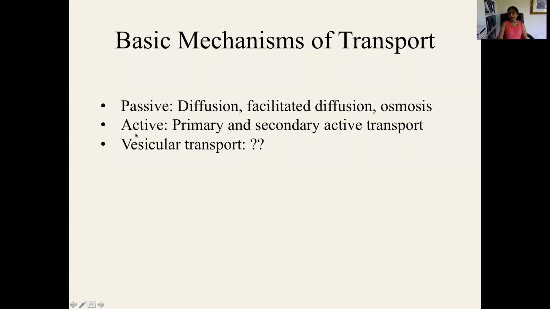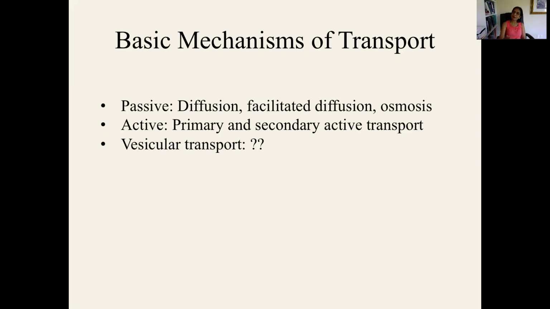Active transport mechanism is the exact opposite. Here, the movement is against the concentration gradient. You are moving a substance from the lower concentration to that of its higher concentration. You see?